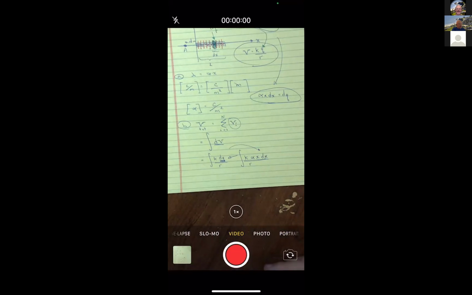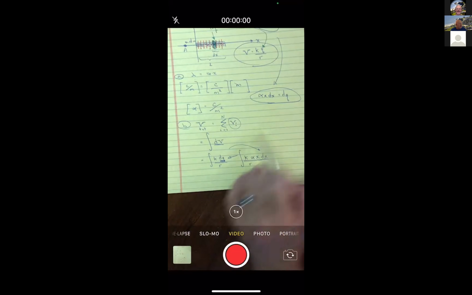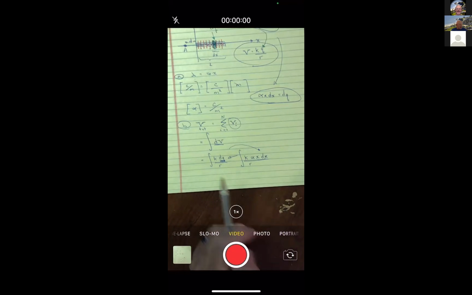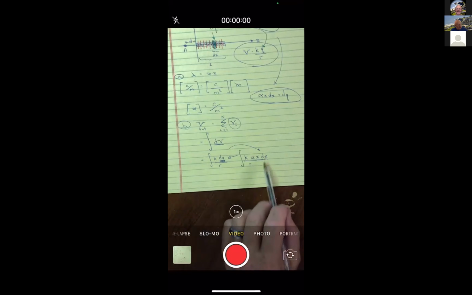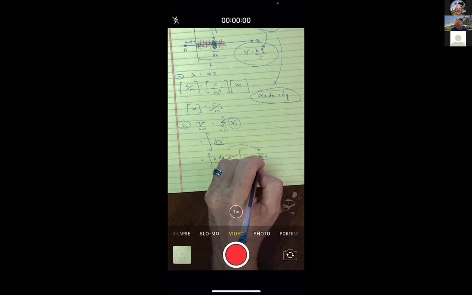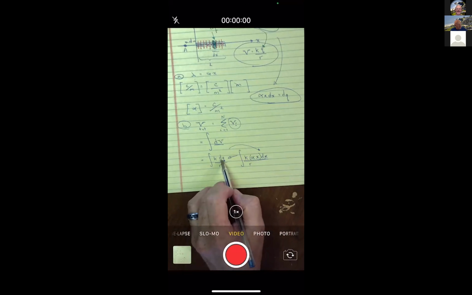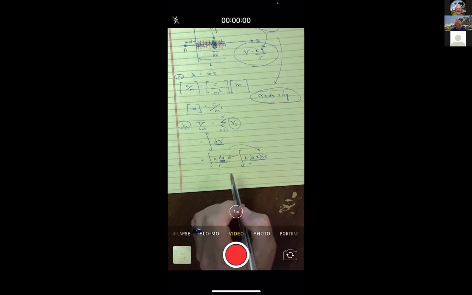That's what I'm going to do now, change it to a dx. That step is the same crucial step that we saw when we were doing Coulomb's law, but we see it here, that we have to change a dq into a dx. This part right here are the extra factors that change it from a dq to a dx.